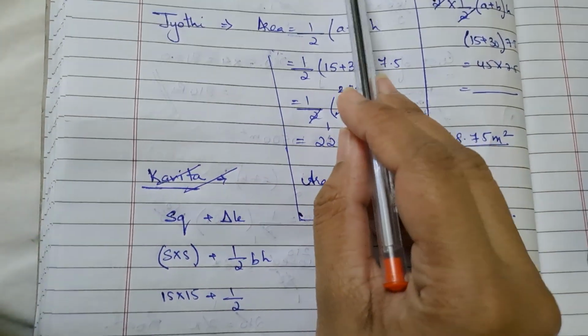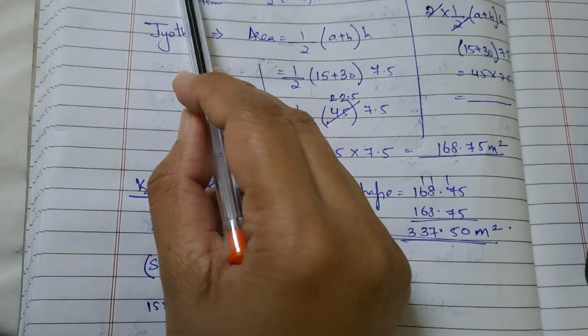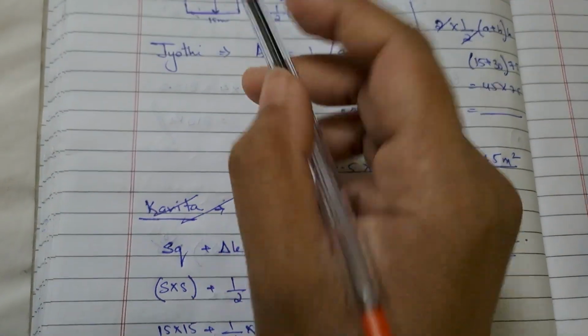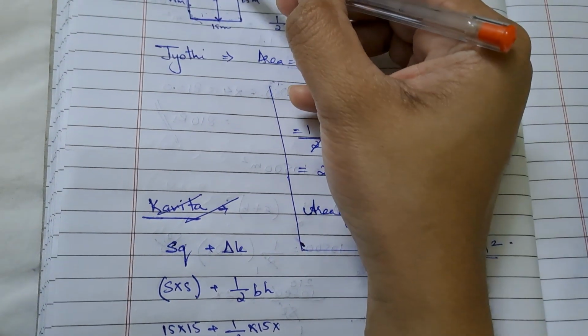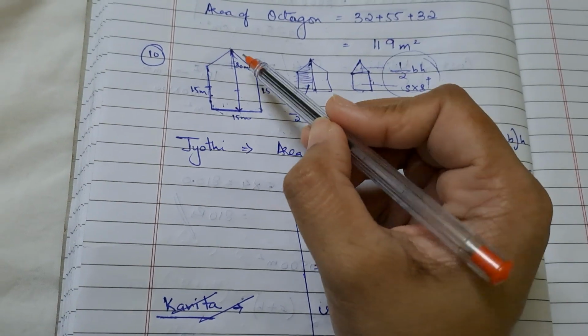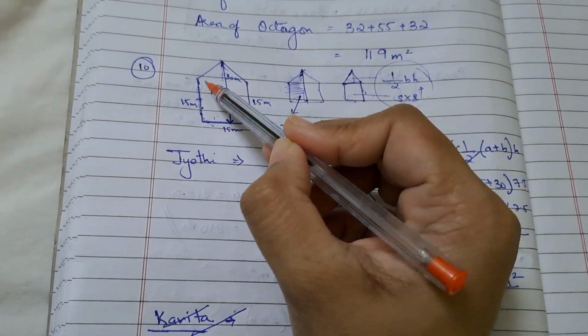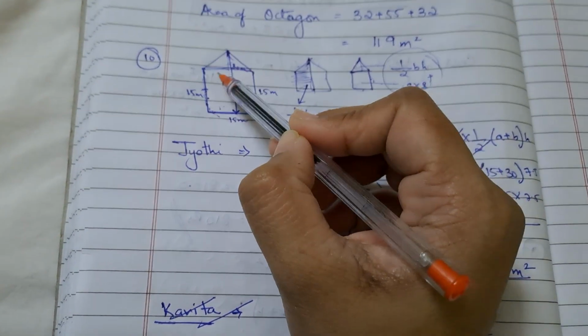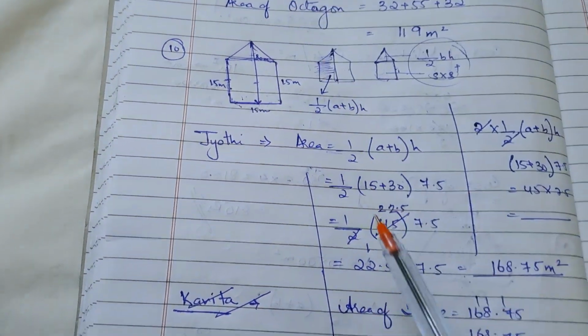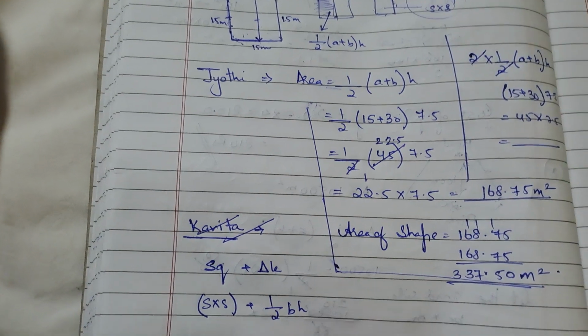The base will be, if this is 15, this one will also be 15, so into 15 into the height. This is 15. So the rest from the top to this point. If this is 15, then the remaining top will also be 15, isn't it? So 15 comes in here.